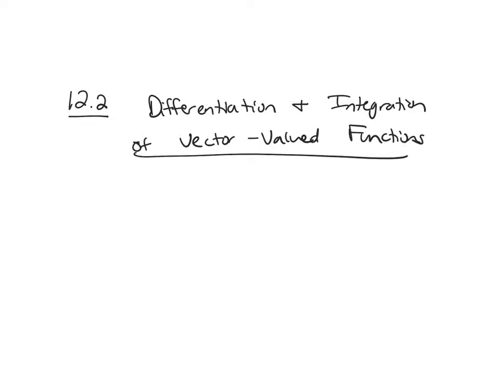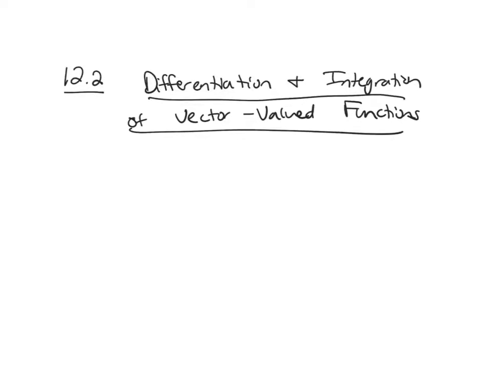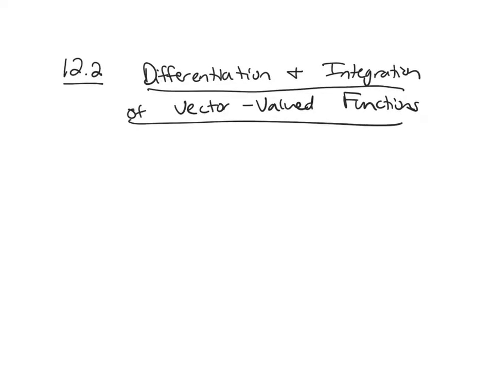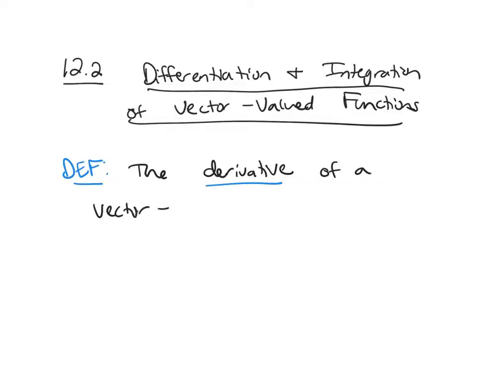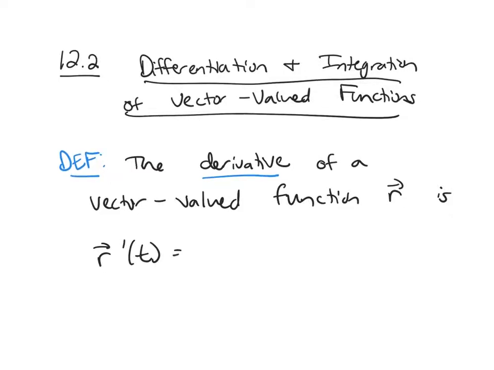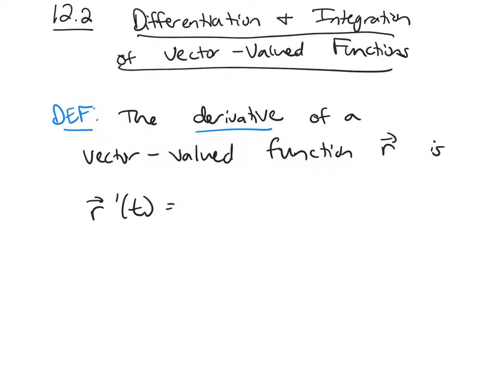So we're going to start with differentiation. Let's define the derivative for a vector-valued function. The derivative of a vector-valued function R is R prime of t, and it's defined similar to derivatives of functions.